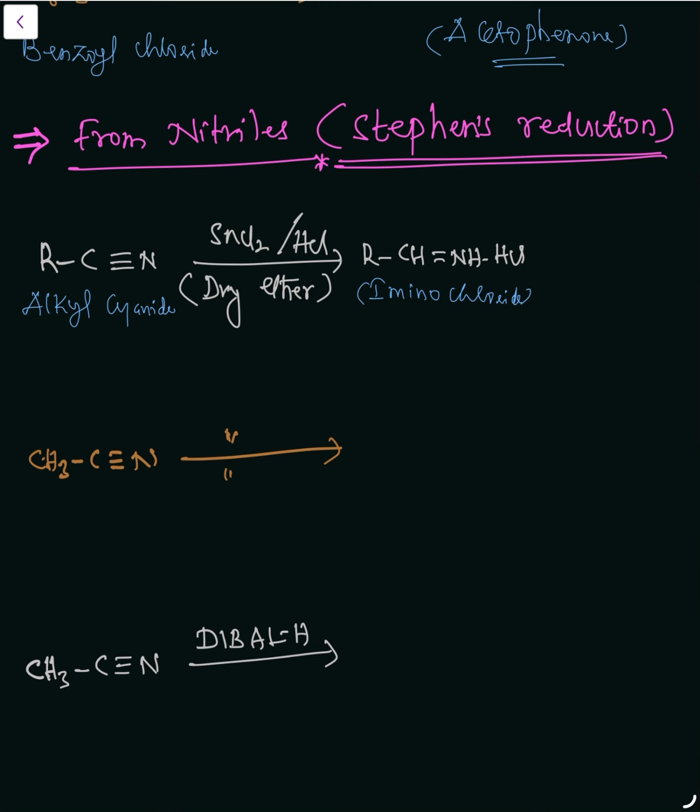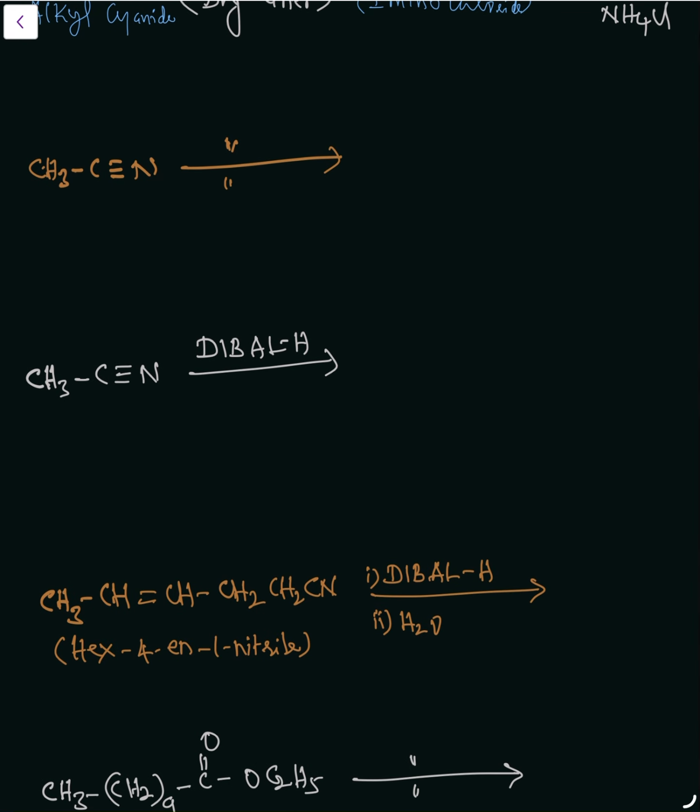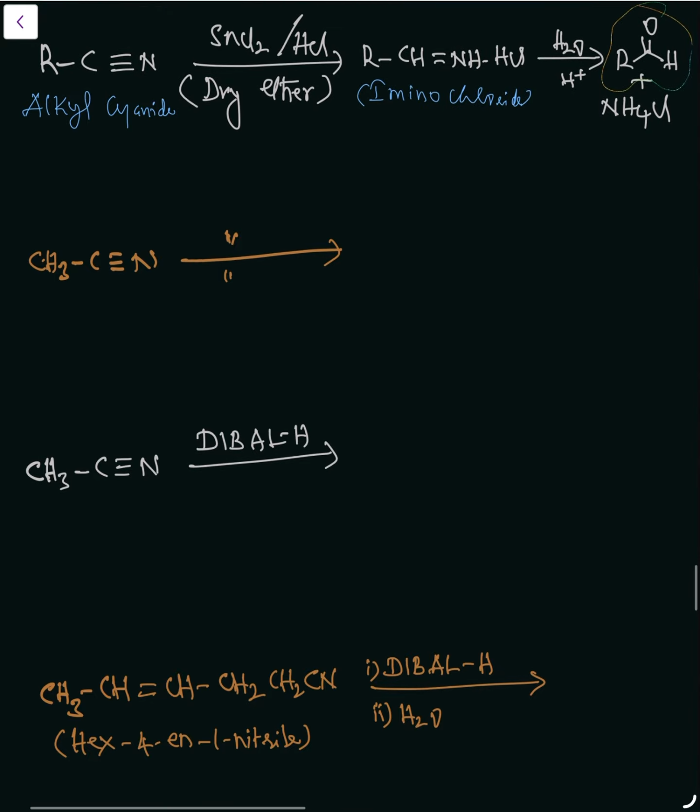This imino chloride on hydrolysis in the presence of acid will give aldehydes. Along with aldehydes, you also get ammonium chloride salt. So we want aldehyde. Next, let us see one example. Methyl cyanide, when it reacts with hydrogen in the presence of SnCl2, that is addition of hydrogens takes place.